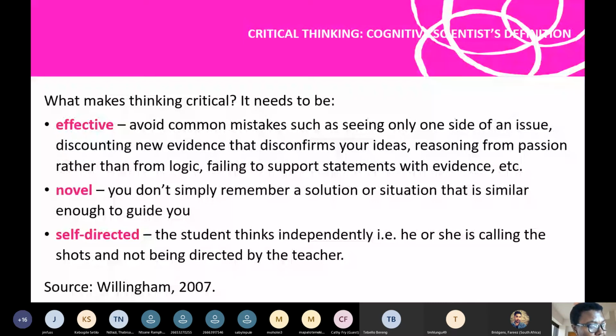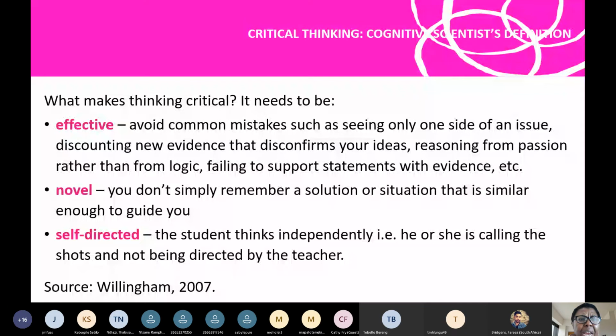He was putting emphasis on what Mpoza has said, because Mpoza said whatever you think must basically be beyond limit. Think outside the box. And then it must be self-directed, meaning that we need to encourage our learners basically to think independently without being influenced or directed by the teacher.